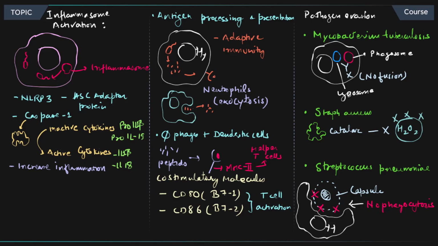So the bacteria survives. On the one hand you have the immune system, on the other hand you have smart bacteria, and that war is going on, right? And how bacteria actually evade the immune system is very, very important. And the molecular mechanism associated with that is also really important when it comes to exams and when it comes to research, right? So I hope now a lot of things are cleared.